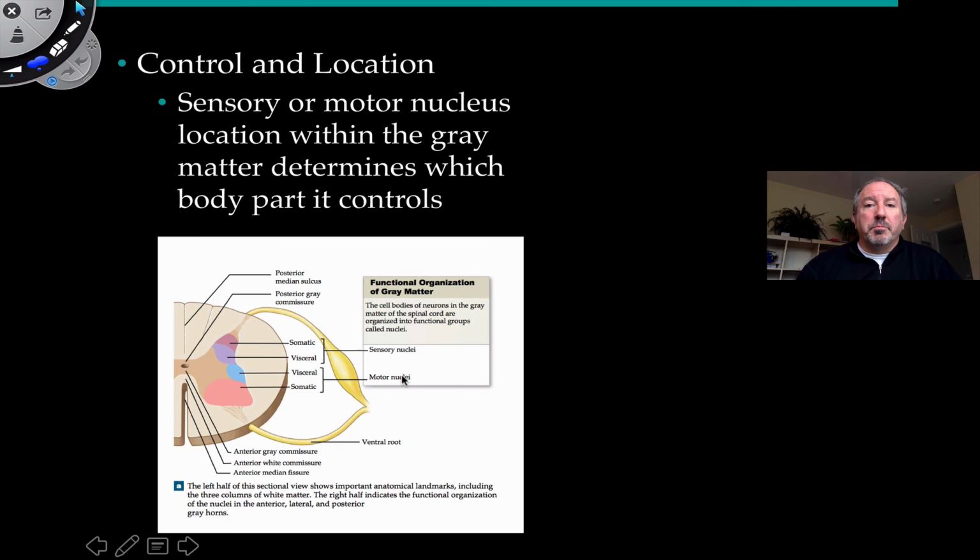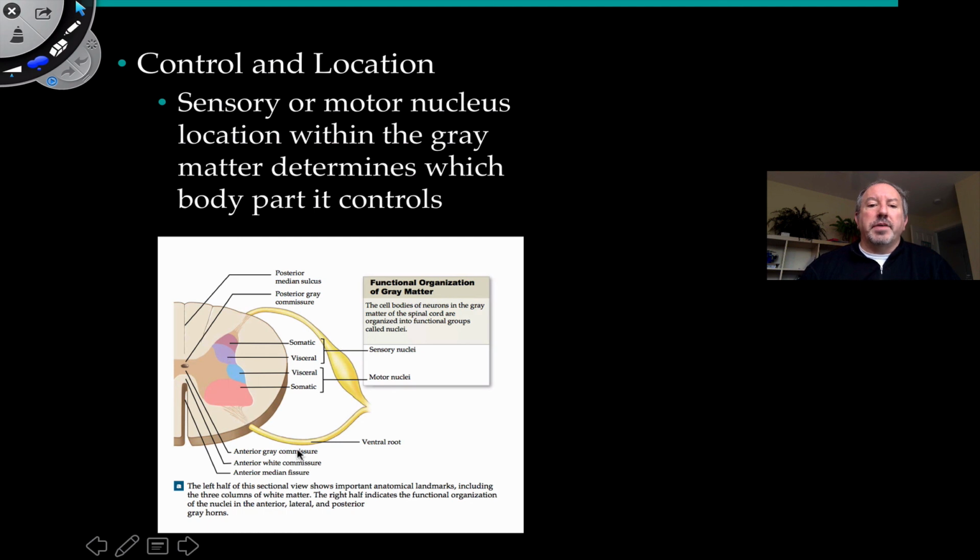So getting more detailed about that, it's pretty cool. You could take a look here. You're welcome to pause the video and take a closer look at this diagram, which is pretty intense right here. But you could see that, perhaps logically, these horns are even further specialized. Look at this. It's somatic and visceral area right here, and then somatic here.